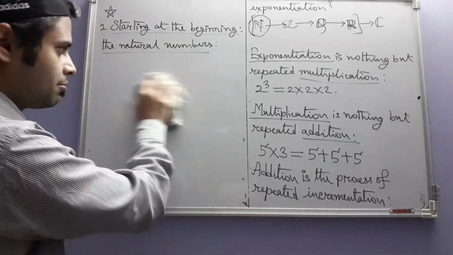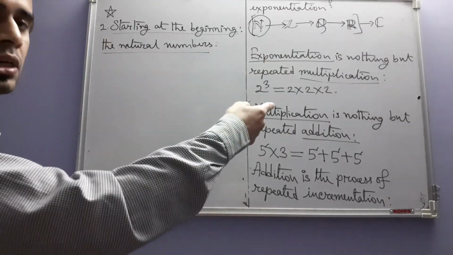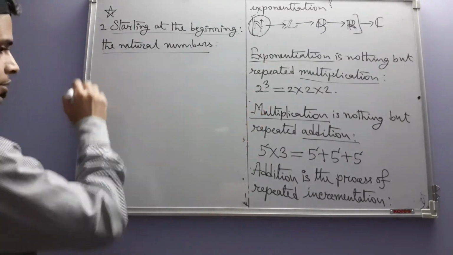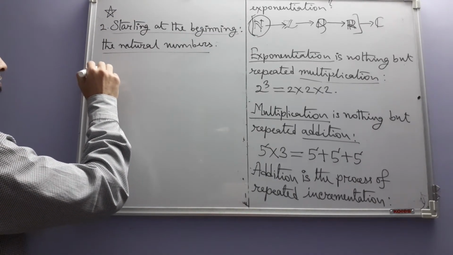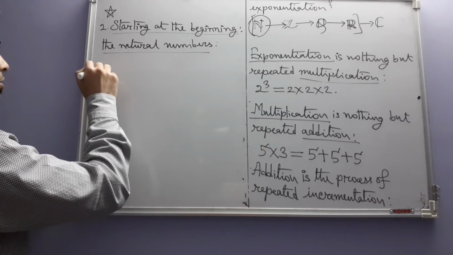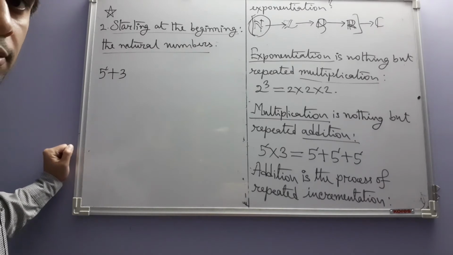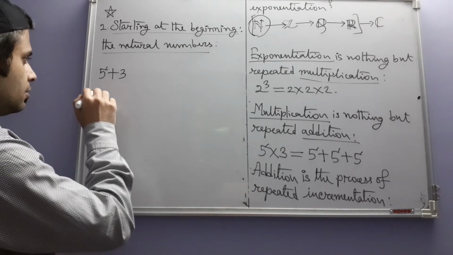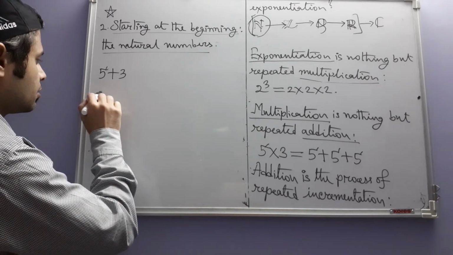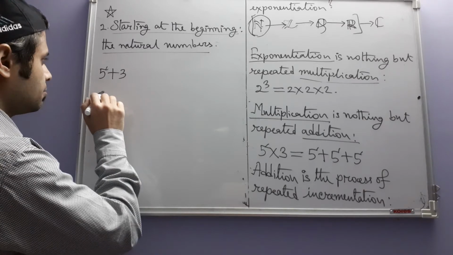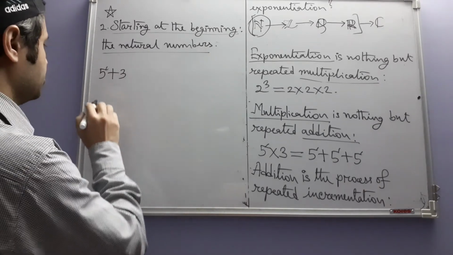Incrementation is actually nothing but finding the next element. For us, next means towards the right, of course. So say we want to find 5 plus 3. Now that actually means, let me first of all use arrows.